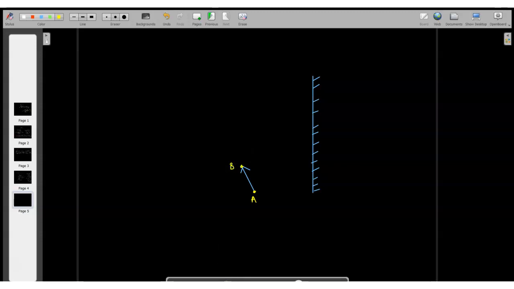Okay, so let us take one by one. From A, I'm taking two rays. First ray, this is the incident ray, and this is suppose the reflected ray. Same way, we take another incident ray, and suppose this is the reflected ray.